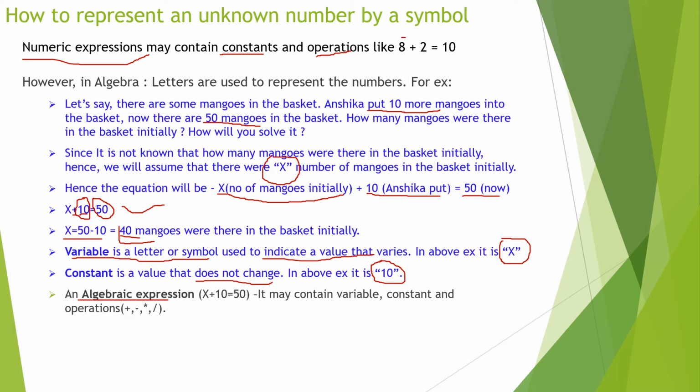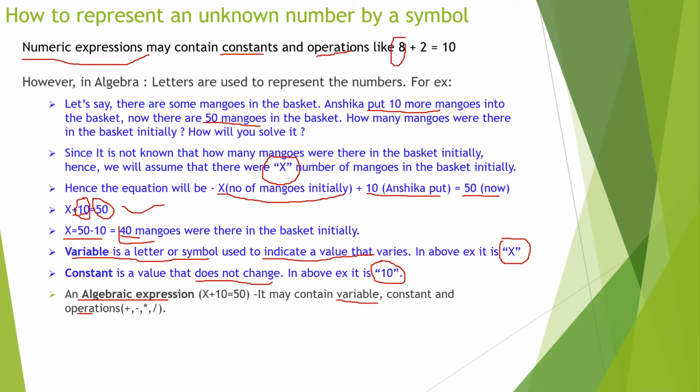So 8 is a constant, 2 is a constant, 10 is a constant, and the plus and equal to signs are known as operations. A numeric expression may contain constants and operations, and an algebraic expression may contain variables, constants and operations.